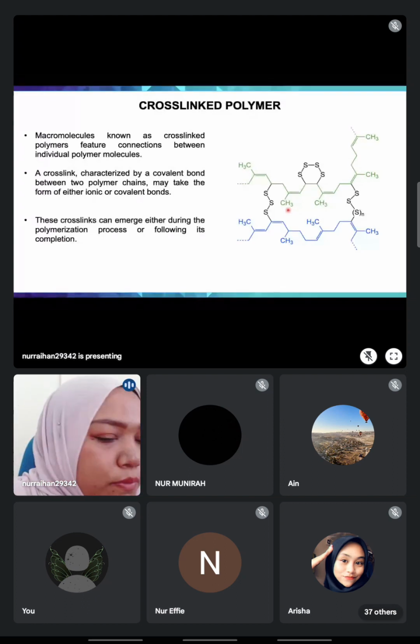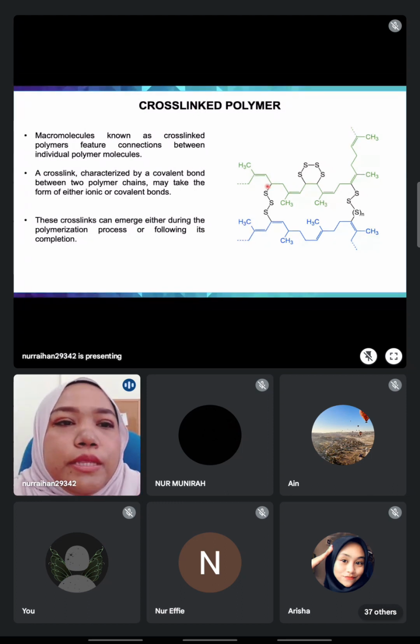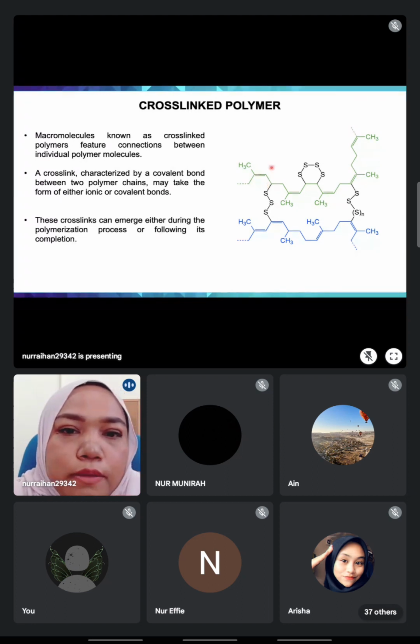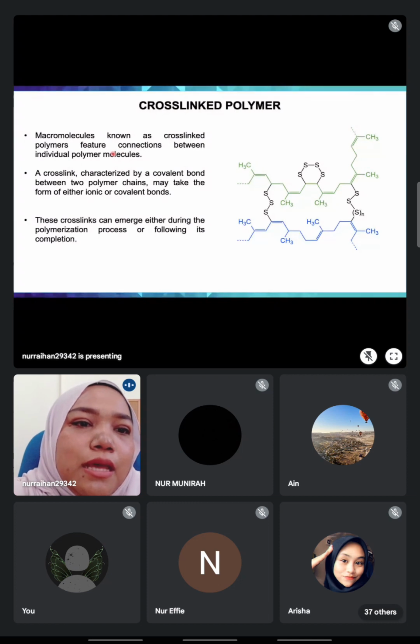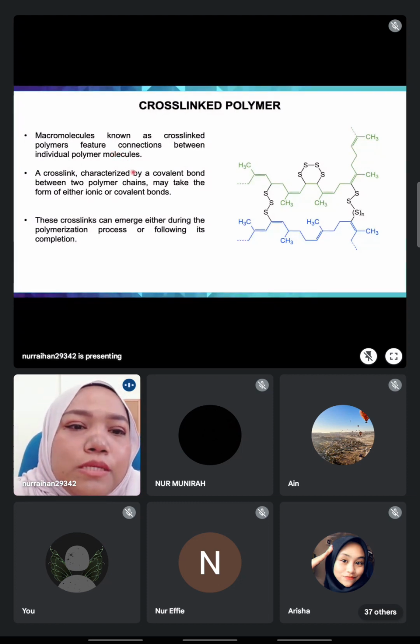Meanwhile, for the crosslink polymer pula, crosslink polymer paling mudah you always observe in the natural rubber. So in the crosslink polymer, the polymer is connected with the other individual polymer molecules, and crosslinks are characterized by covalent bonding.